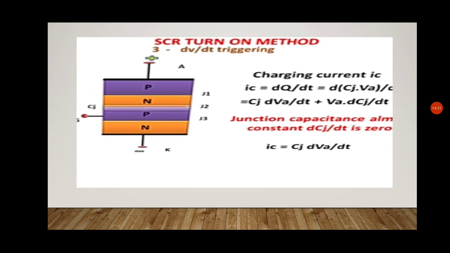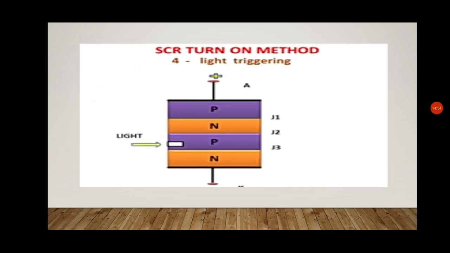So the second term vanishes, and what we have is the charging current I_C, which depends on C_j dV_A/dt. So as we keep on changing the applied voltage with respect to time, the current through the SCR will keep on increasing.